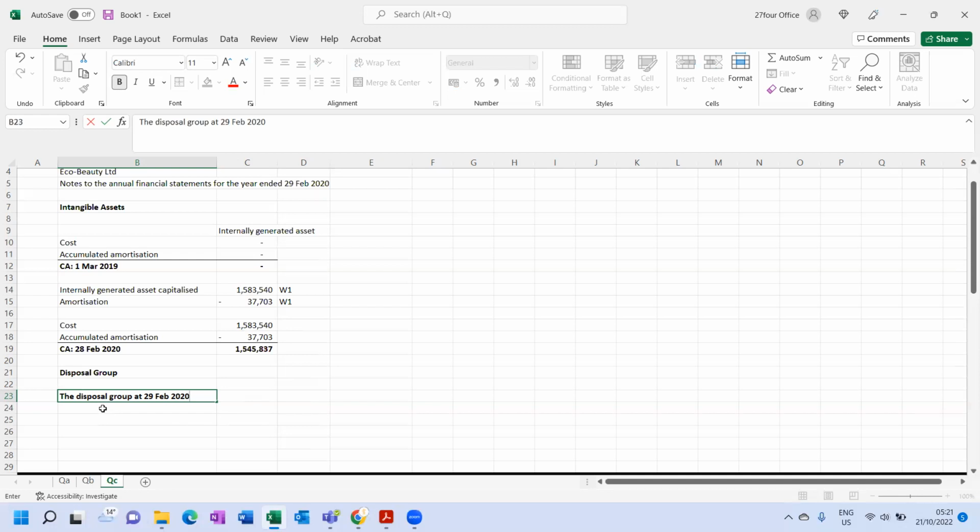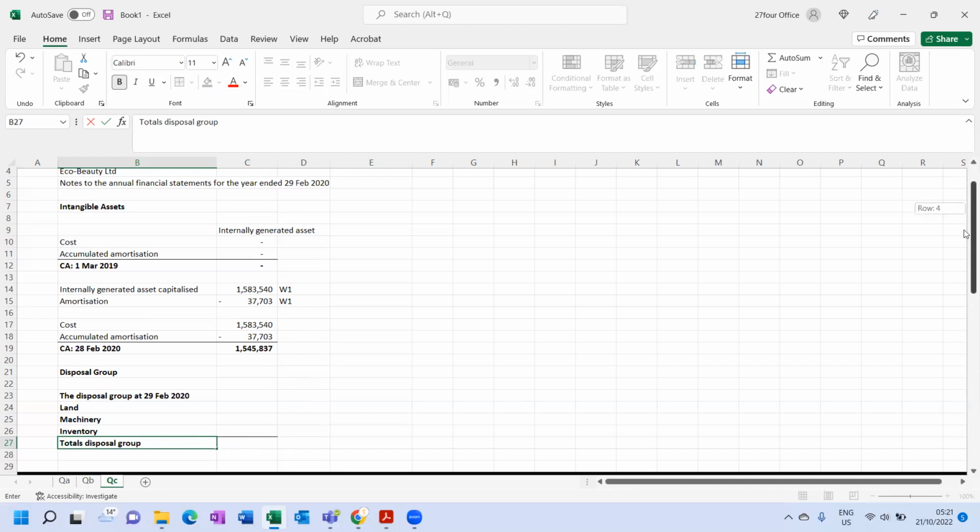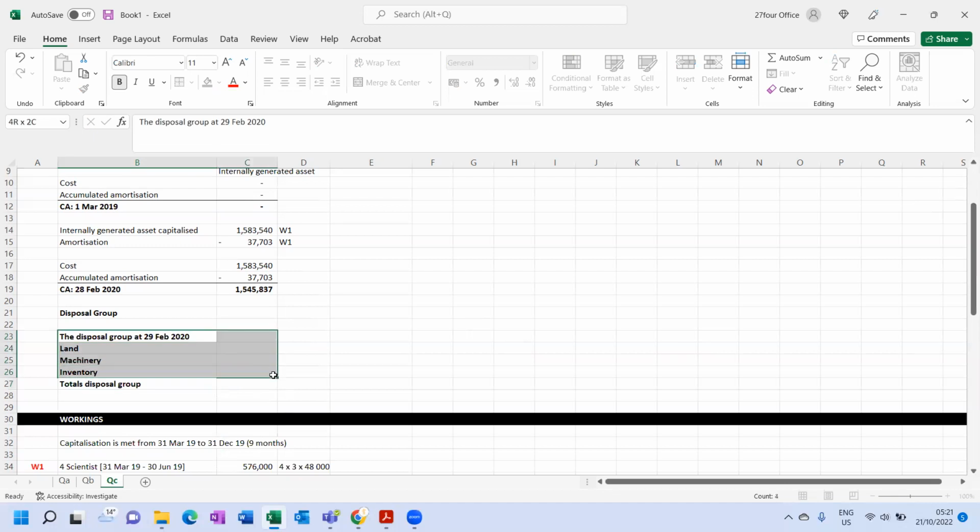So the assets is still land, machinery, and inventory. And that will give us the total. Disposal group. So non-current asset for sale, disposal group. Okay, just change this.